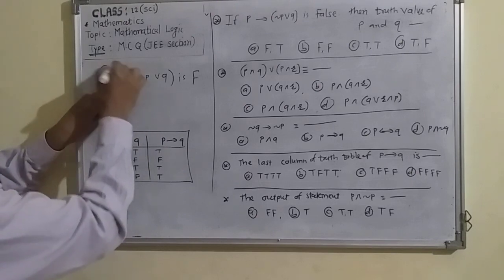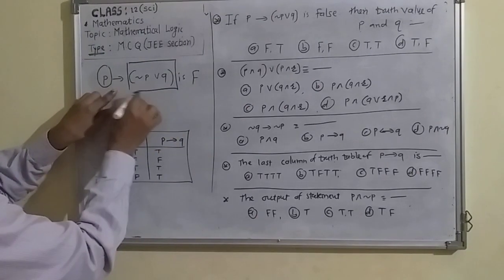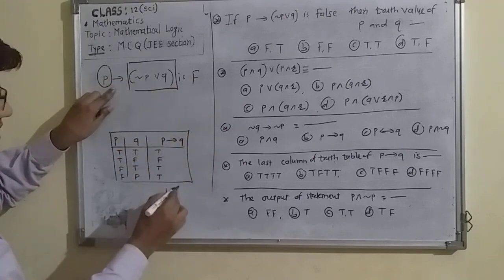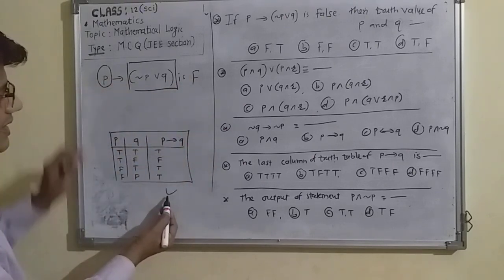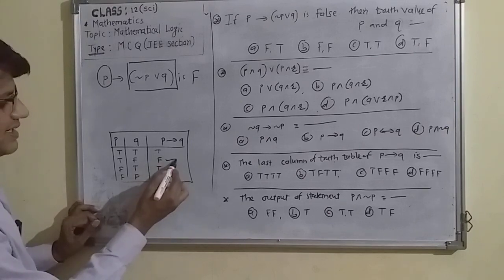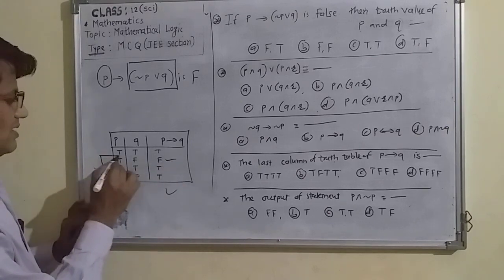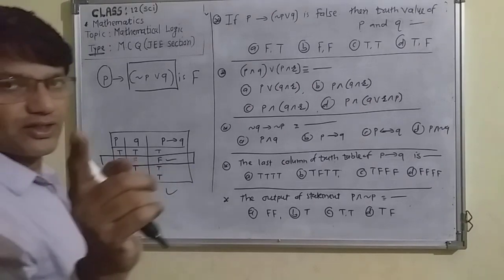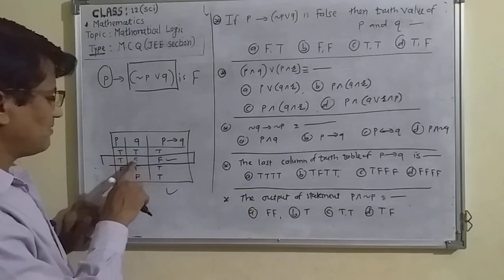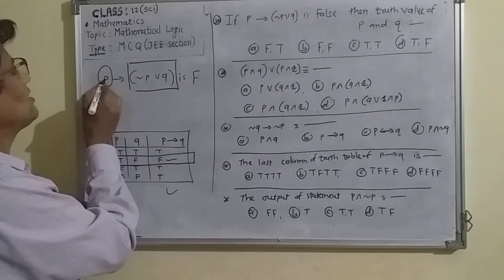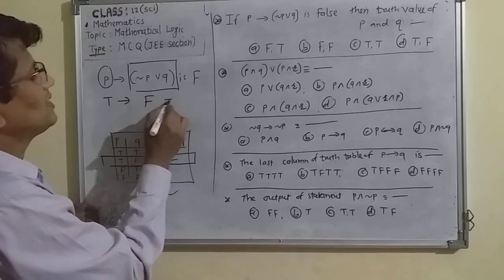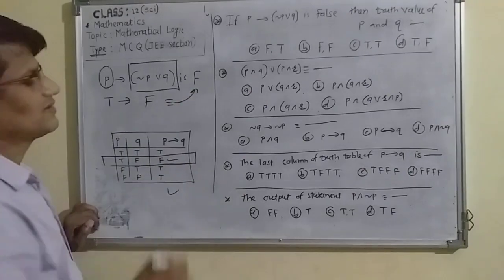This P joined with the other part by implies, the result is F in this column where the entry of false is. So remember this horizontal row, TF, it is F. So instead of P here, T implies F. Result is F.